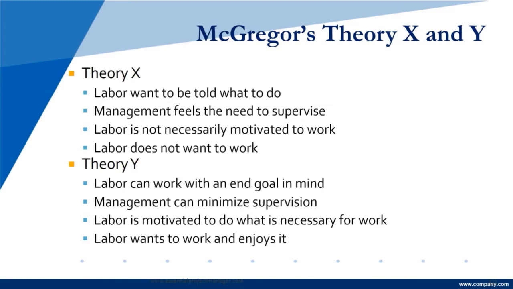One is saying that management feels the need to supervise. The other is that management minimizes supervision. One is that labor can see the end point and is motivated to do the necessary work. The other is just the opposite. So these are the yin and the yang. These are the point and the counterpoint of an issue.